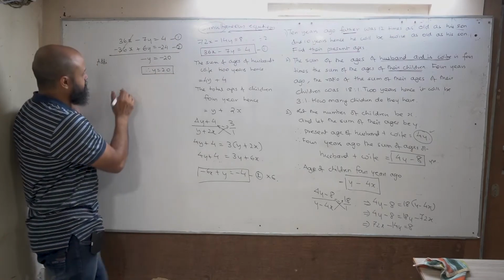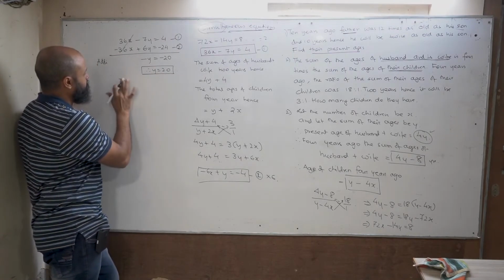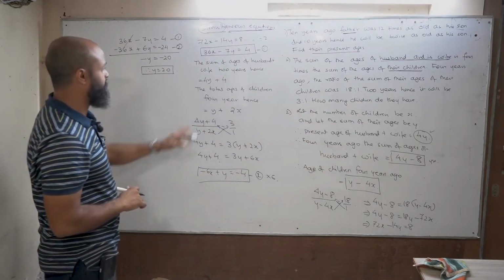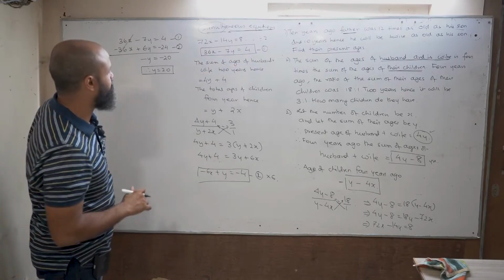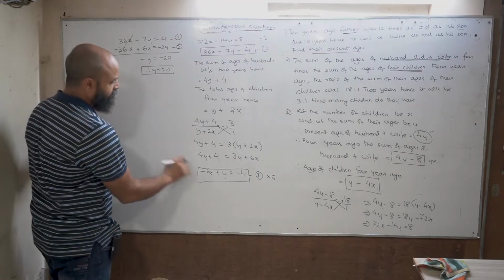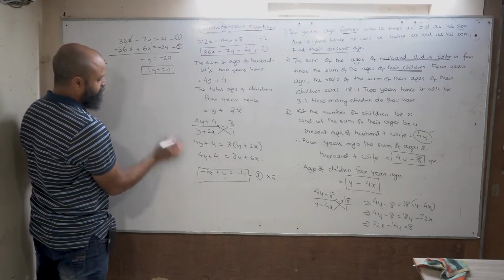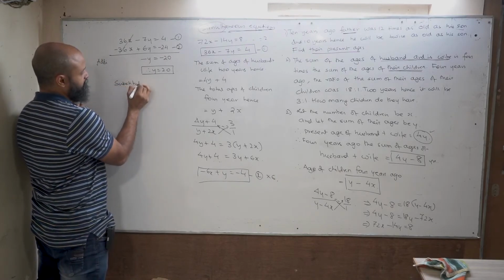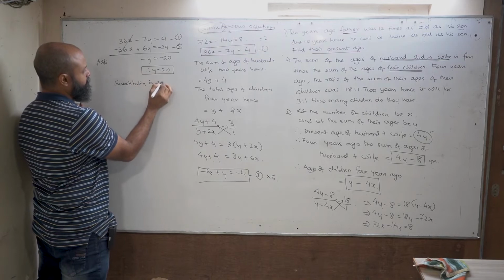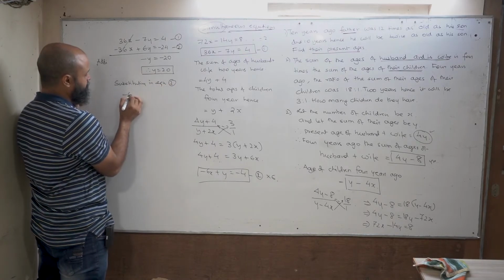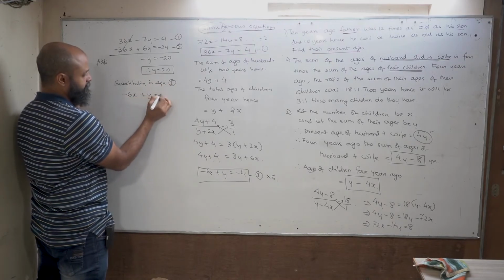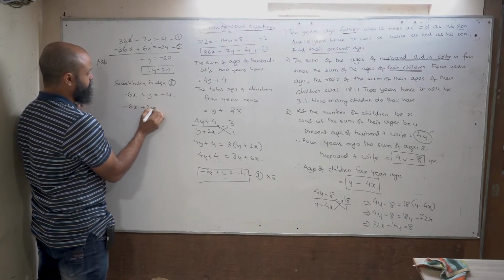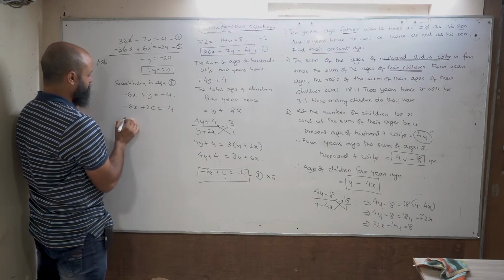Now this is basically the sum of the ages. What we need to calculate is how many children they have. So we have to calculate what is the value of x. So we can just put the value of y in any of these equations. Let's say substituting in equation 2, we have here minus 6x plus y is equal to minus 4, which means minus 6x plus 20 is equal to minus 4.